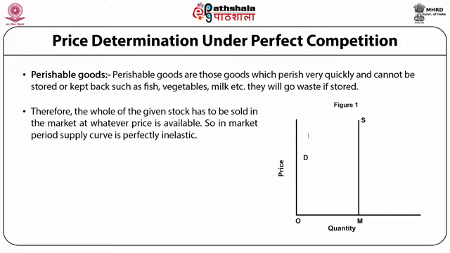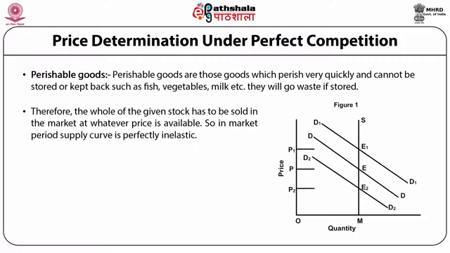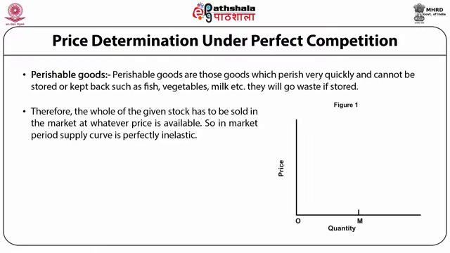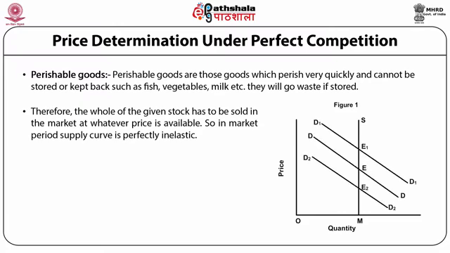Now, due to a sudden rise in the demand for the product, DD shifted to D1D1. Now, the new equilibrium is at point E1 and the price increases to OP1. If demand increases, the demand curve shifts to D2D2 and the new equilibrium price becomes OP2.